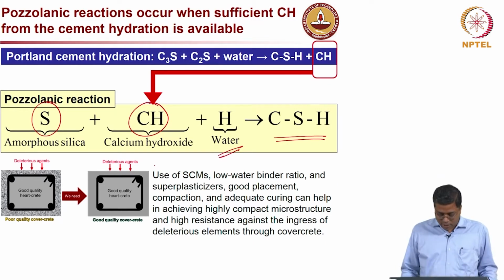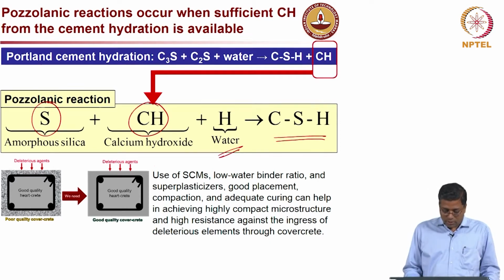If you ensure all these, then it is very easy to achieve a highly compact microstructure and thereby high resistance against the ingress of deleterious elements through concrete. So, we can have durable concrete.